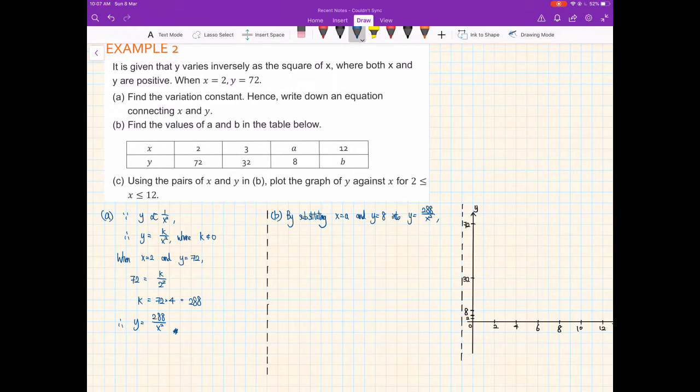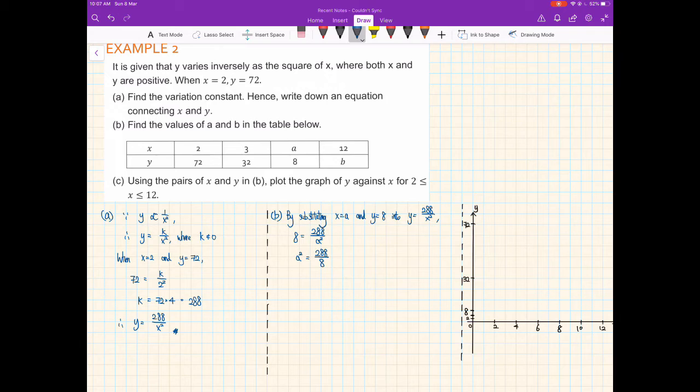By substituting x equals a and y equals 8 into this equation, we have this. So that means a squared is equal to 288 over 8.